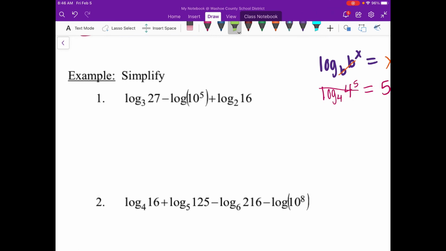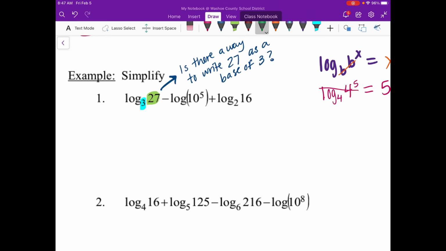The first thing we want to do is try to get this 27 to have the same base as the log that it's next to. So think about this as, is there a way to write 27 as a base of 3? Essentially, can I take 27 and write it as 3 to the something power?